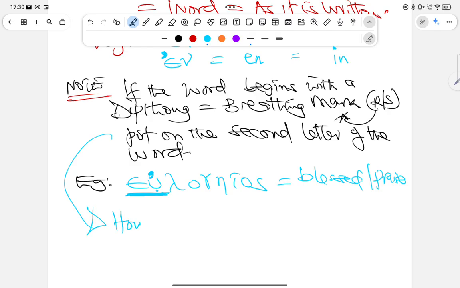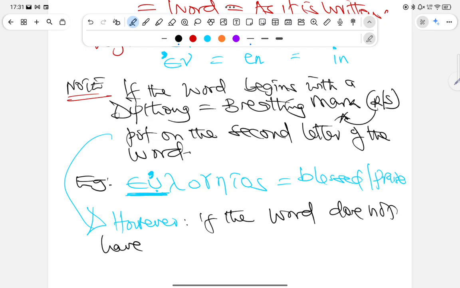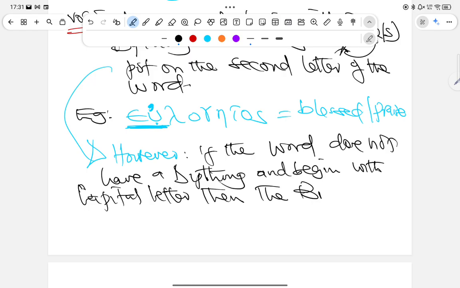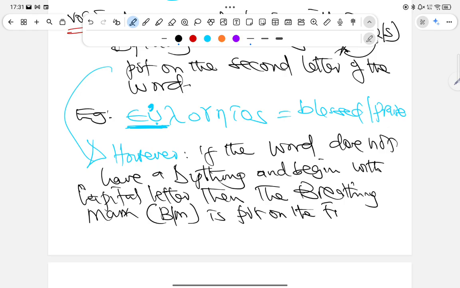In this note, however, if the word does not have a diphthong and begins with a capital letter, then the breathing mark is put on the first letter of the word.